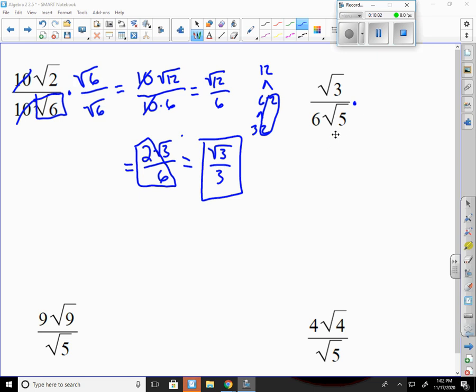And we wouldn't factor the 6 out just because it's outside of the root already. The only time we have to worry about that is if it's inside the root. But you're right. Multiply square root of 5 on the top and the bottom. Yep, that's right.